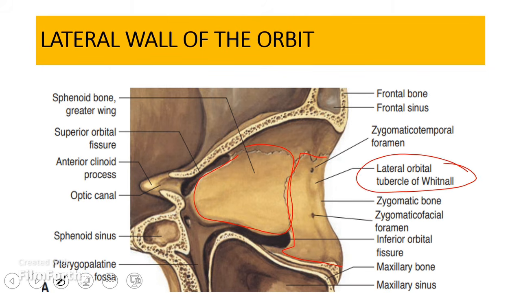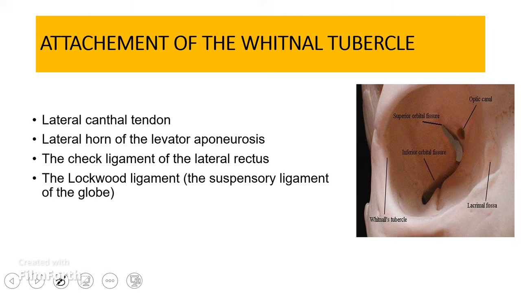We have a big tubercle or protrusion on the lateral wall, which is called the lateral orbital tubercle of Whitnall, which has a lot of insertions. But remember, the Whitnall ligament does not insert on the Whitnall tubercle. It inserts somewhere superior to that. And then we have a suture or junction between the frontal and the zygomatic bone, which is called the zygomatico-frontal suture.